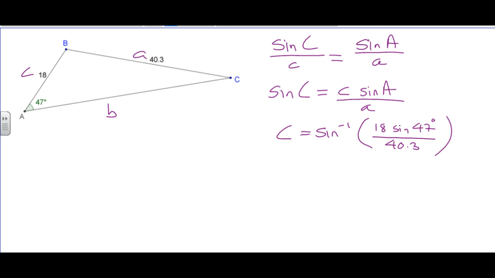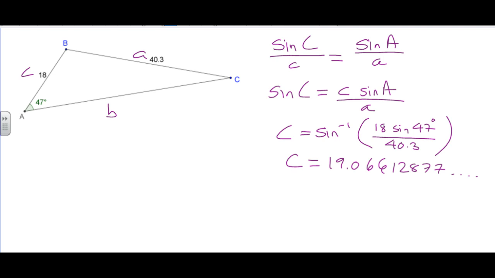I'm doing this on the calculator in my hand. Sine inverse, 18 sine 47. You may or may not put brackets in if you want them. 19.066.